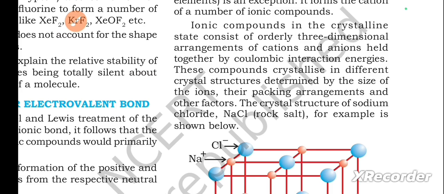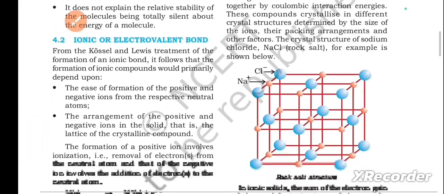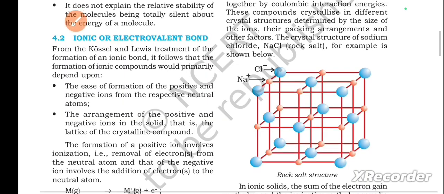Ionic compounds in the crystalline state consist of orderly three-dimensional arrangements of cations and anions held together by Coulombic interaction energies. These compounds crystallize in different crystal structures determined by the size of the ions, their packing arrangements and other factors. The crystal structure of sodium chloride, NaCl, rock salt for example, is shown below.